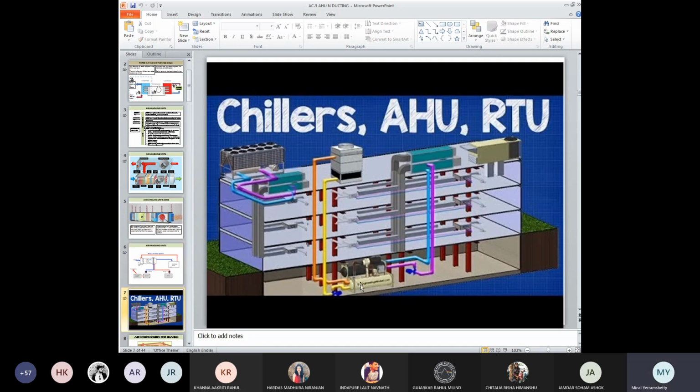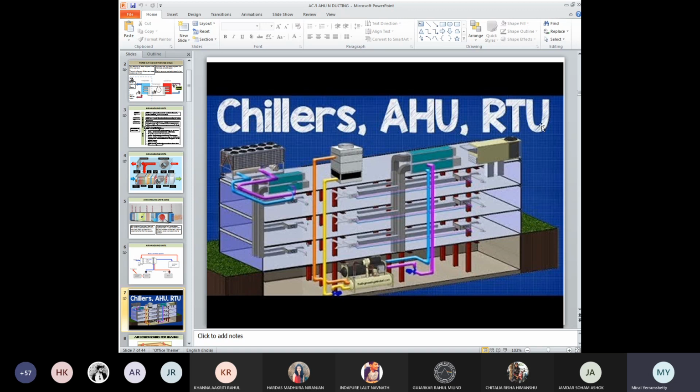A very nice diagram which shows you the chillers, AHU, RTU. Again, chillers. What is chillers? Chillers is something below. So please don't get confused by the word chillers. All four things together are known as chillers in the market. AHU is at every place and RTU is return unit.